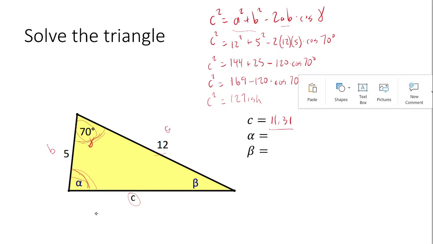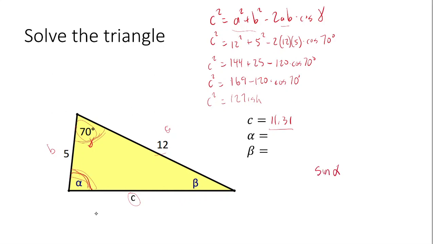So let's say, for example, I want to find alpha now. The sine of alpha is to the side length of 12 as the sine of 70 degrees is to the side length c that we just found. Now c is not an unknown here. We know c. So if we solve this equation for angle alpha, sine of alpha is equal to 12 times the sine of 70 degrees divided by c, which again is known.